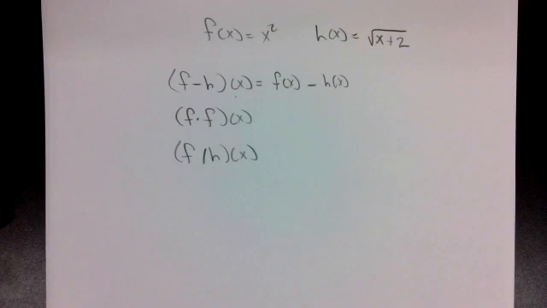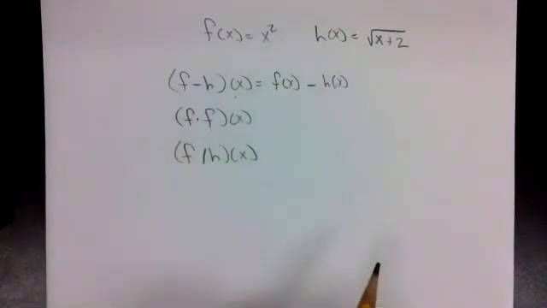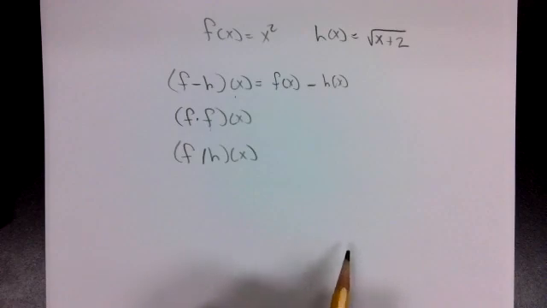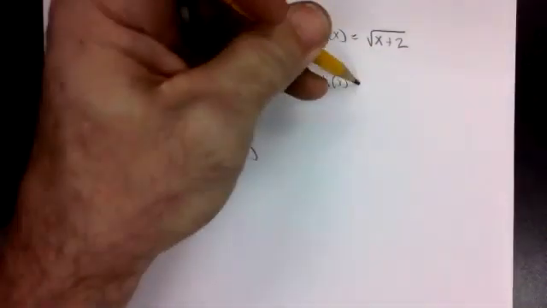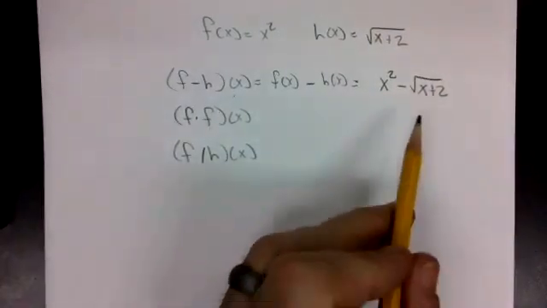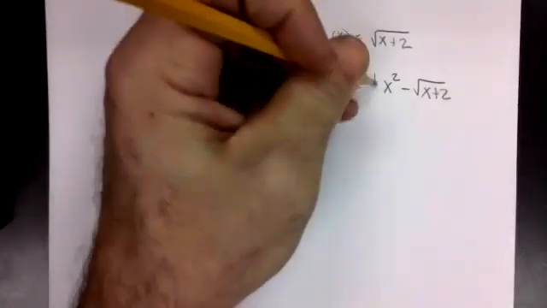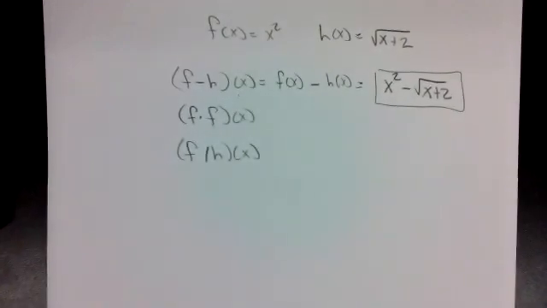On the second one, are we doing f times f or f times h? No, that's f times f. Okay. Yep. And then this one, f of x minus h of x implies that we take the f of x, and then we simply subtract h of x. And again, we don't have any like terms to combine, so this one is what it is.